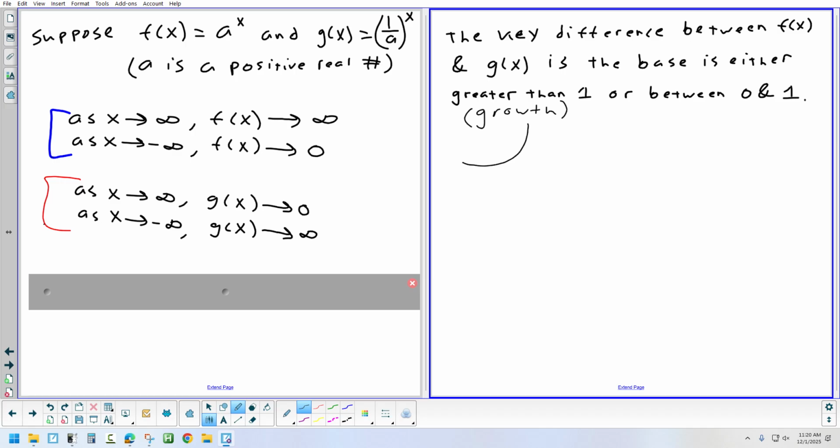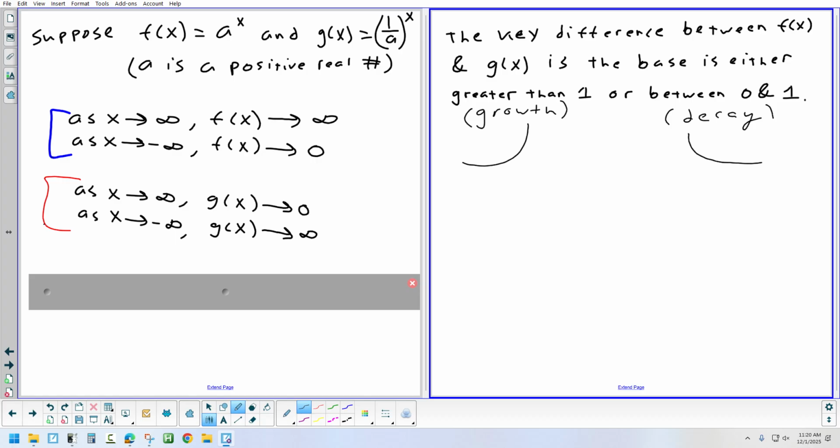If the base is between 0 and 1, like a half, a third, 0.7, anything between 0 and 1, that is decay. And that looks like that. So is there any question on if I give you a problem on the test and I say, determine if the following is exponential growth or exponential decay, how you would do it?